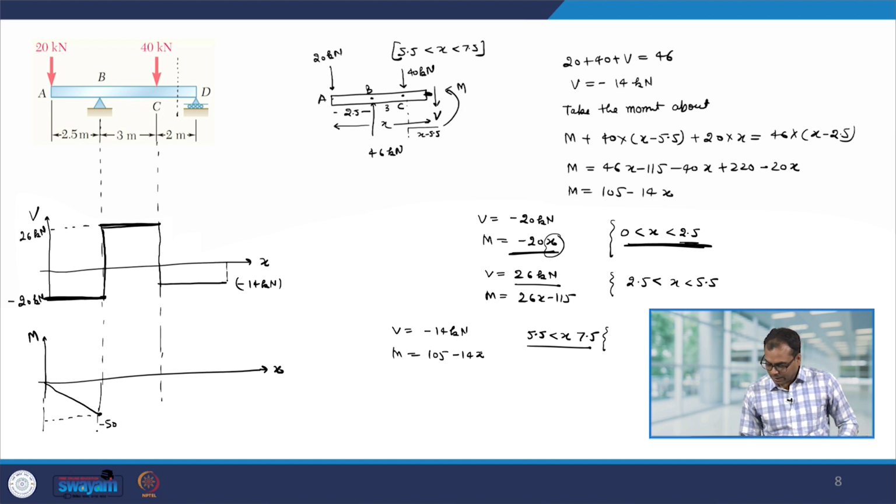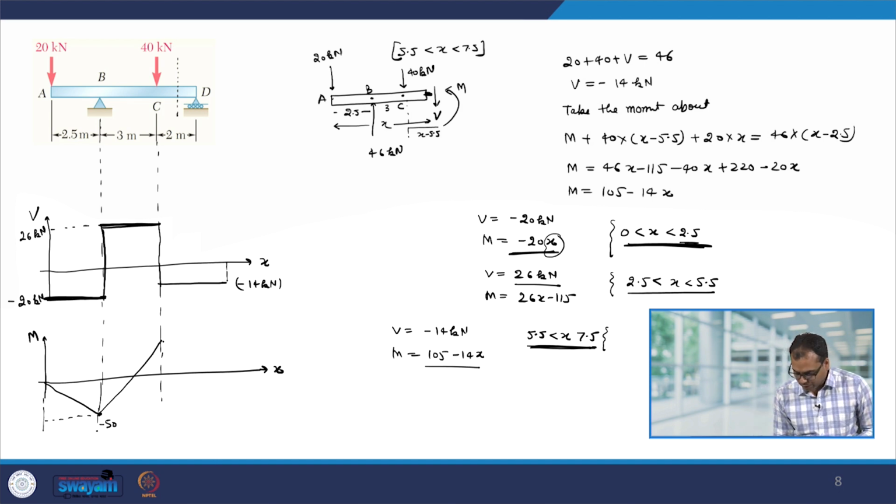and then in this region its value is 26x minus 115. So, it will go like this, and then in this region between 5.5 meter and 7.5, its value is 105 minus 14x.